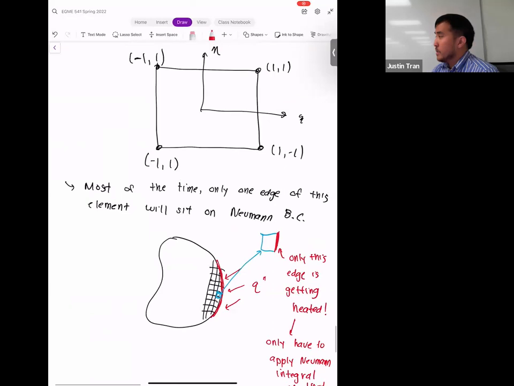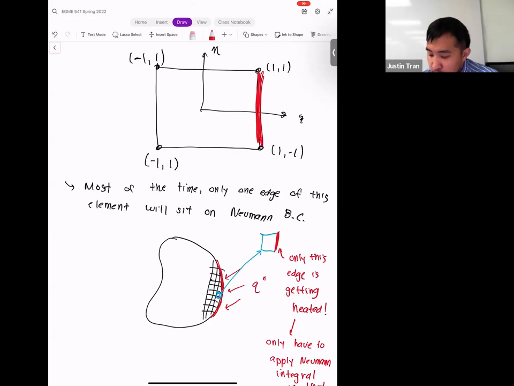And so let's see how that applies to our parent domain. Let's say that Neumann integral is being evaluated only on that right edge of the square. What do we know about the path of that line?